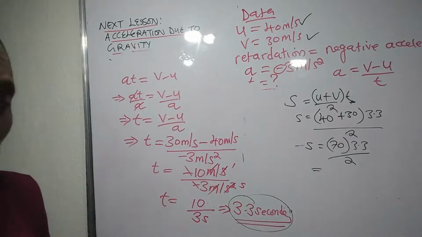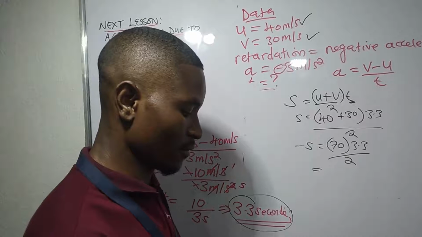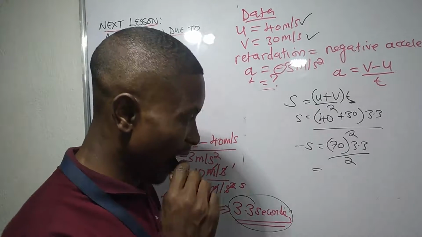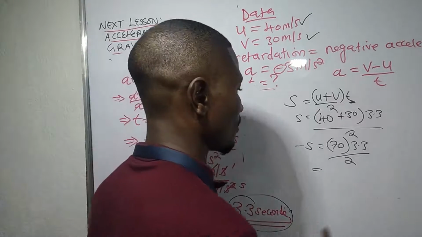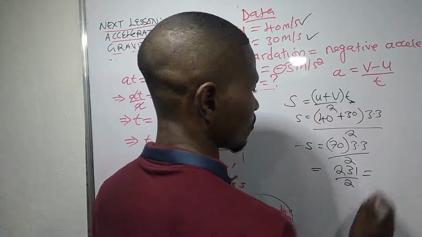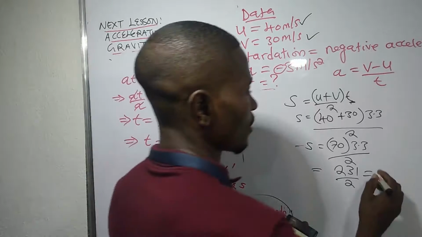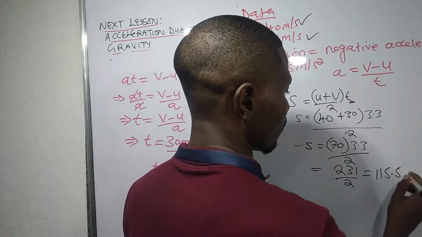So you can use your calculator. This is 70 multiplied by 3.3, then divide by 2, and you get 115.5.